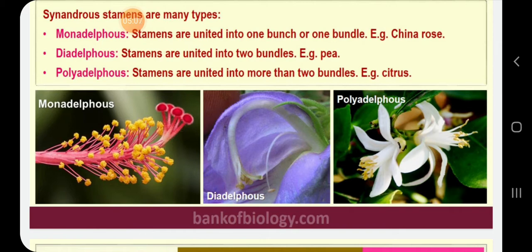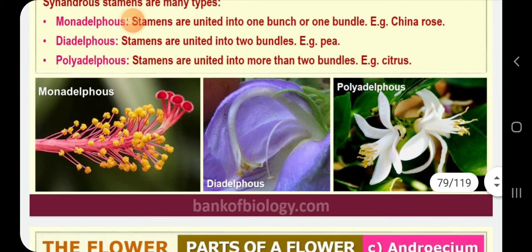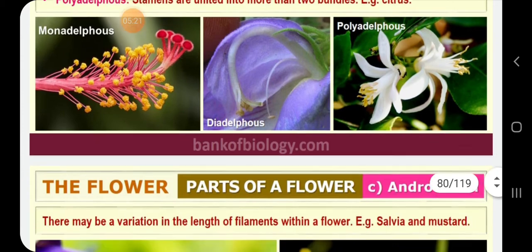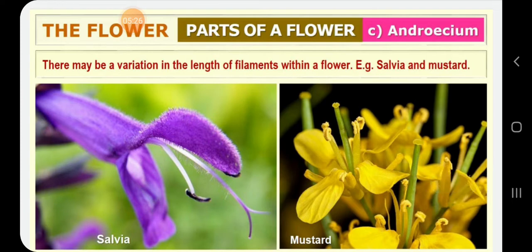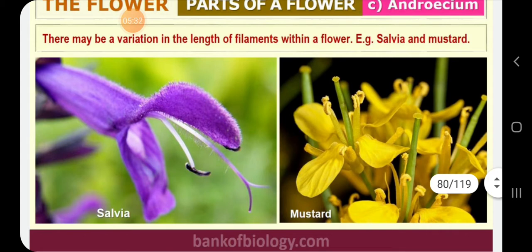When they are present in more than two bundles, that is known as polyadelphous, as in citrus plants. There may also be variation in the length of filament within the flower; in salvia, the anthers are one longer and one smaller, so the length of filament can differ within the same flower.